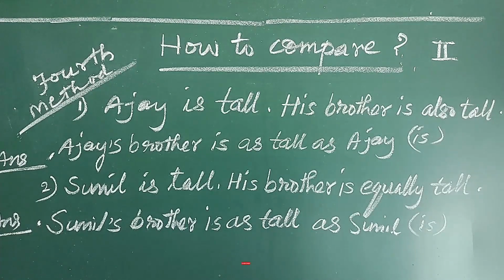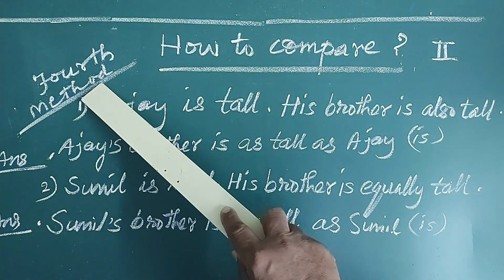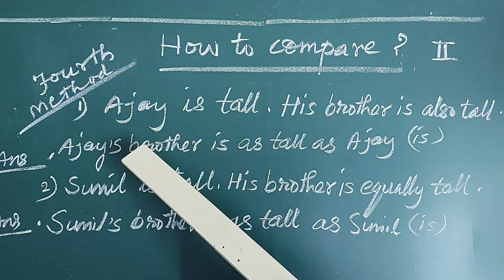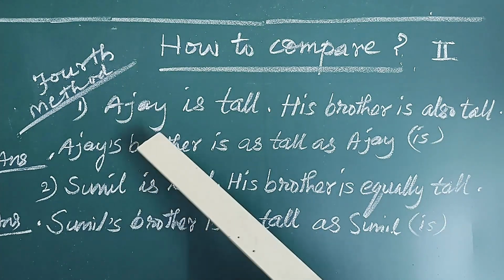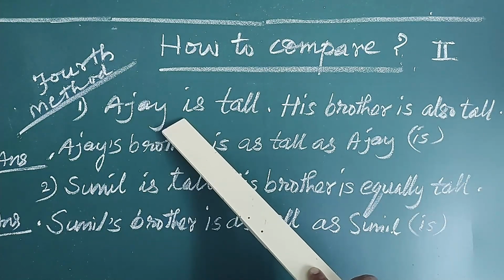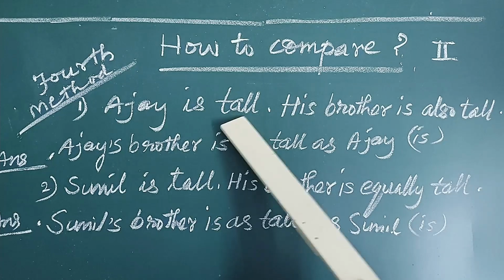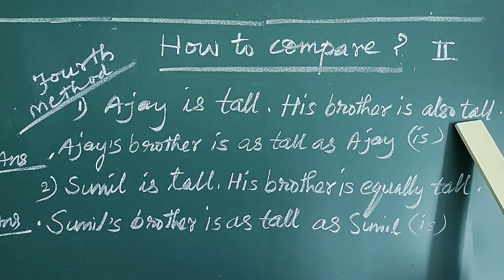See friends, there are many methods of comparing one person to another person. Here there is one more method, that we can call the fourth method. Now what we have to remember here is that the comparison is made, but the adjectives used are of equal degree, that is the positive degree.